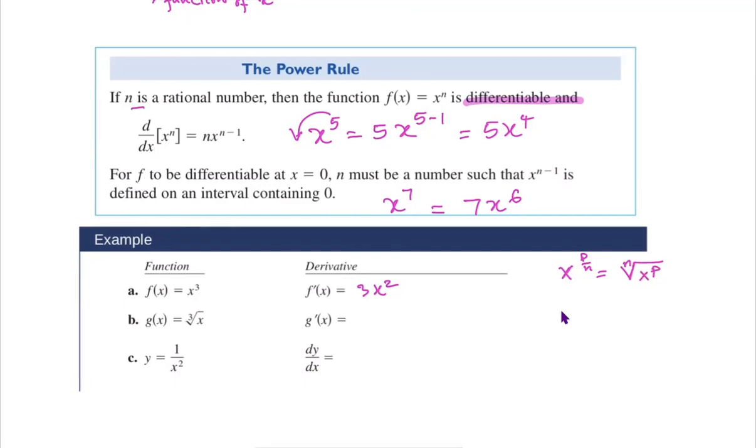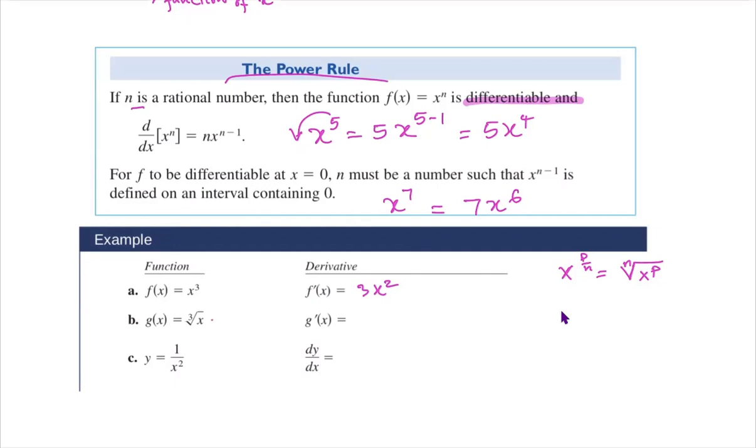I can go from a rational exponent to a radical form anytime I want. And you're going to need to do that all the time when you are calculating derivatives and when you want to use the power rule. If I give you a radical form, all you want to think of is to transform this radical form into an exponent so you can use the power rule.